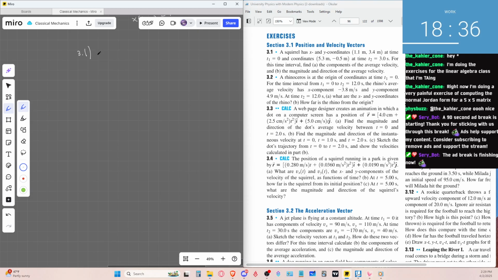Let's see, a squirrel has a y coordinate of 1 point something meters at time 0, and the coordinates at time 2 at 3 seconds.